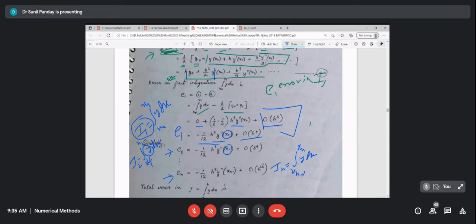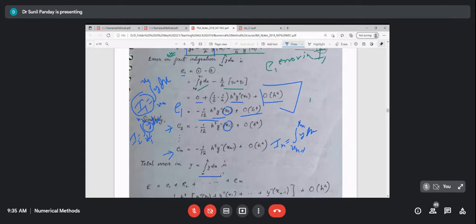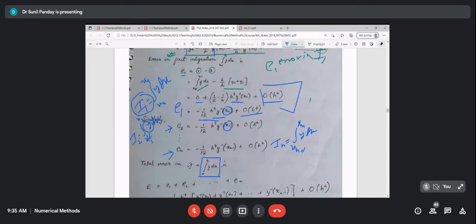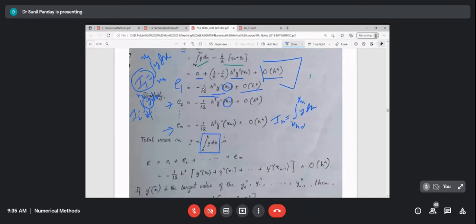Now if I add all these errors E1, E2, En, I get the total error in the numerical approximation of this integration using the trapezoidal rule. Minus 1 by 12 and h cube are common to all terms, and the other terms are y double dash of x naught, y double dash of x1, and y double dash of xn minus 1, plus order of h raised to power 4 terms.